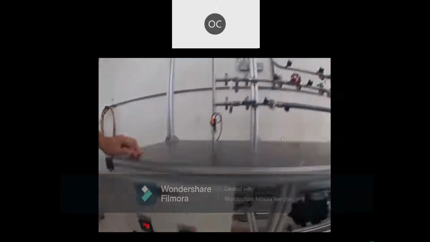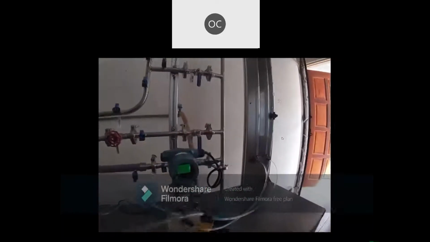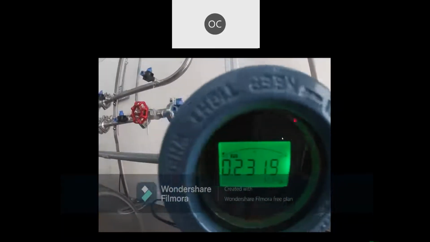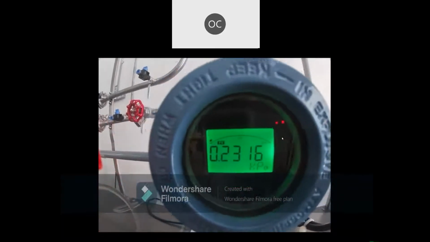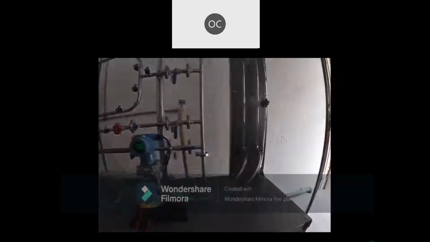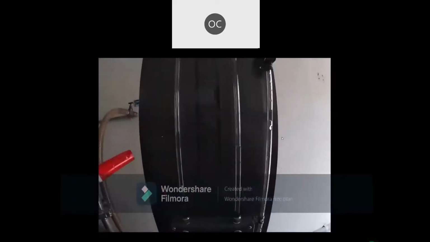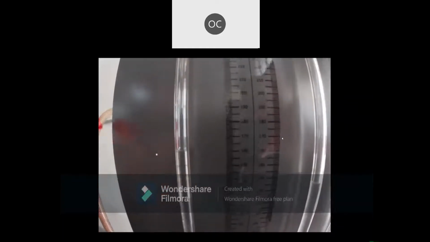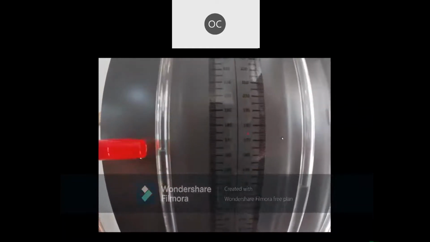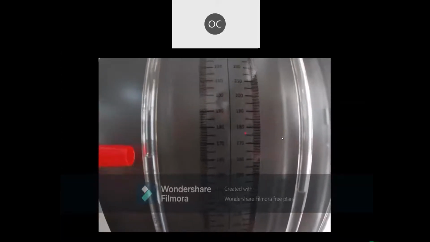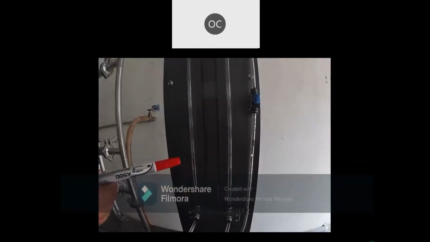For a more accurate reading, you can take it from this meter here, 0.2319, which gives a more detailed reading of the pressure difference. Delta H is given by the difference of water level heights here. So 0.1 will be here, then the other one will be 0.2. We are going to subtract the height levels.